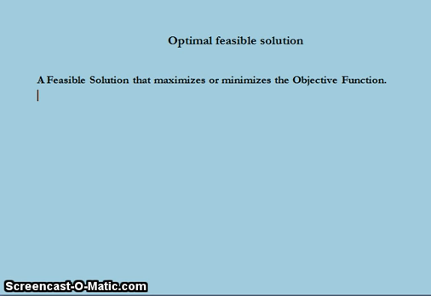Now, as discussed earlier, the feasible region represents the common region determined by all the constraints of an LPP, and every point in this region is called a feasible solution to the given linear programming problem. Now, the feasible region is always a convex region, meaning that if any two points in this set are joined by a straight line segment, all the points on this segment will lie in this set.